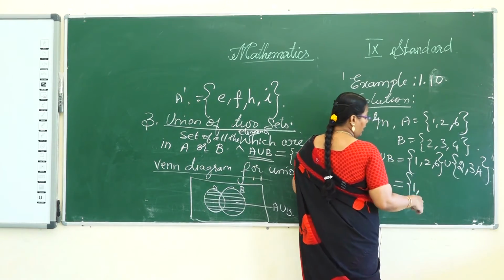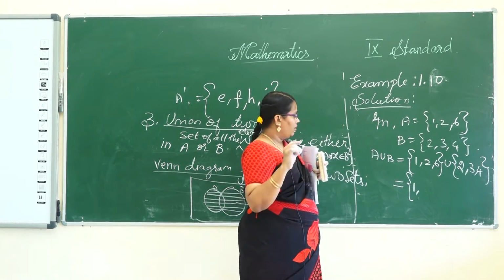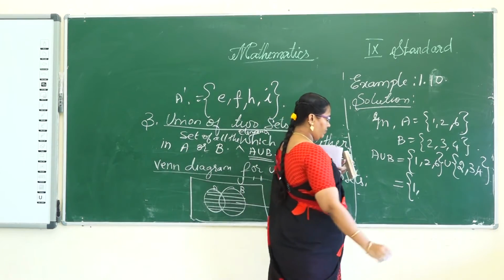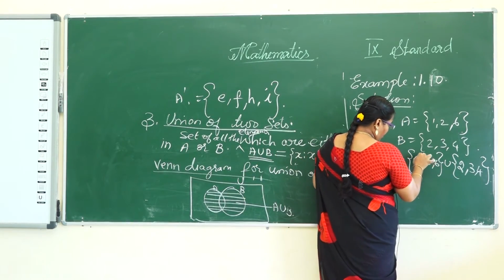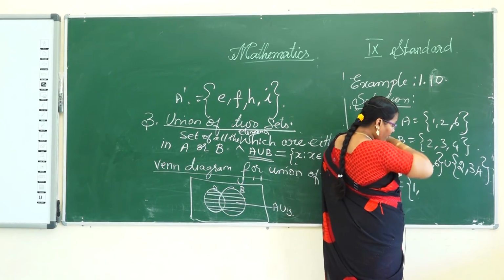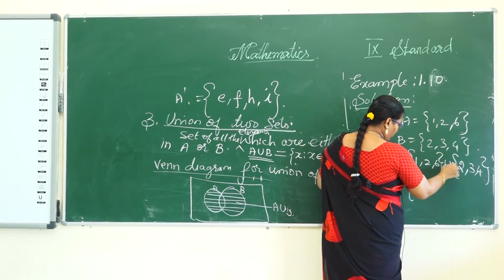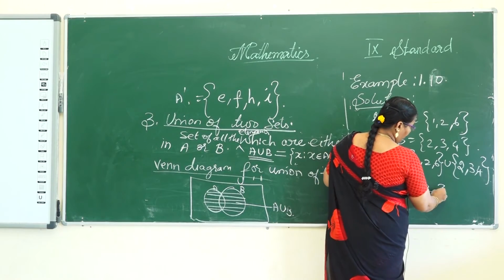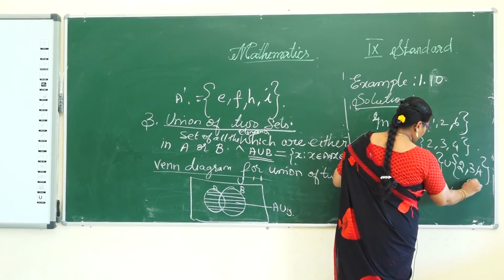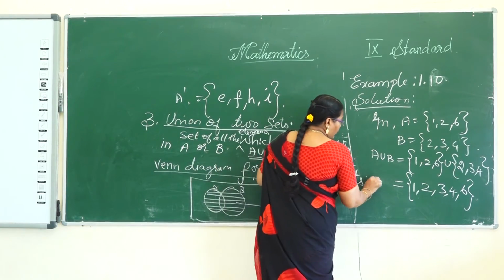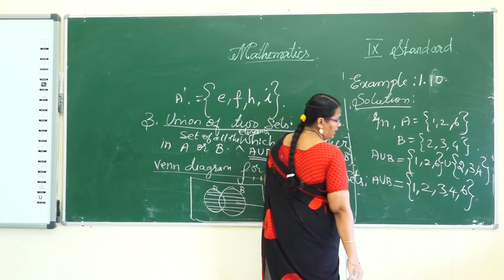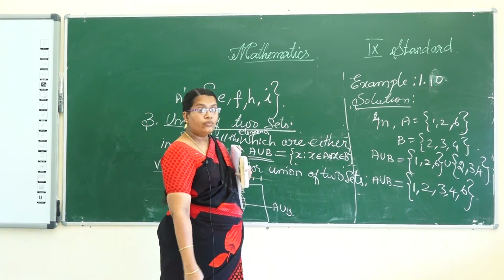Already you know that set theory does not allow repetition. So A union B has elements 1, 2, 3, 4, 6.